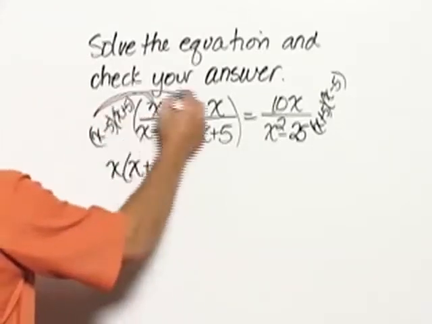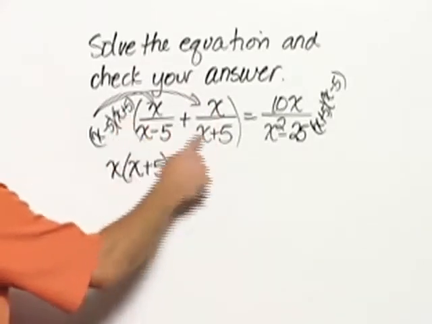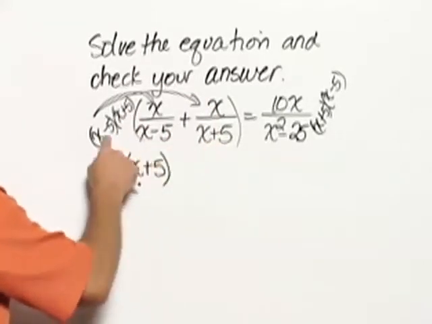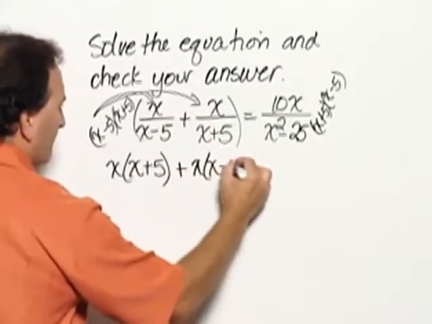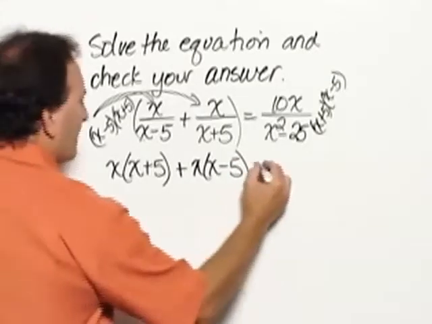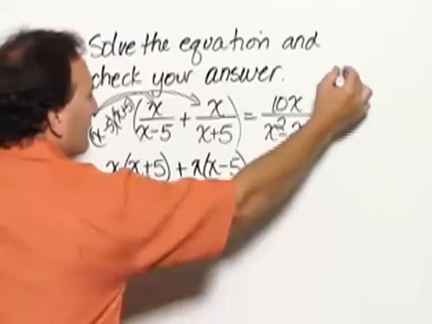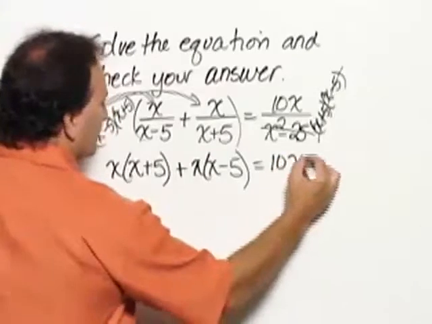Then, when we distribute here, the x plus 5's cancel, and that leaves us with x minus 5 times x. On the right-hand side, x squared minus 25 cancels completely with the x plus 5 times x minus 5, leaving us with just 10x.